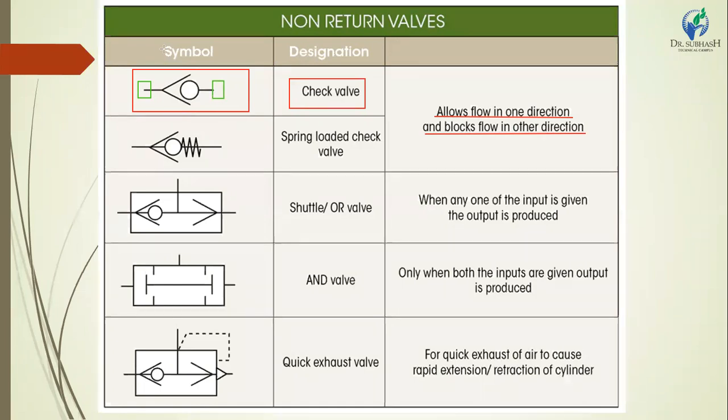Flow can go from this direction, but return flow is not allowed, so this circular ball attaches to this triangle and stops the return flow. Flow goes from the left side to the right side, but never from right to left. It means it blocks the return flow.